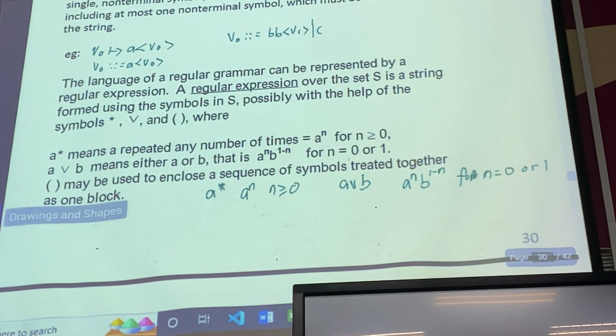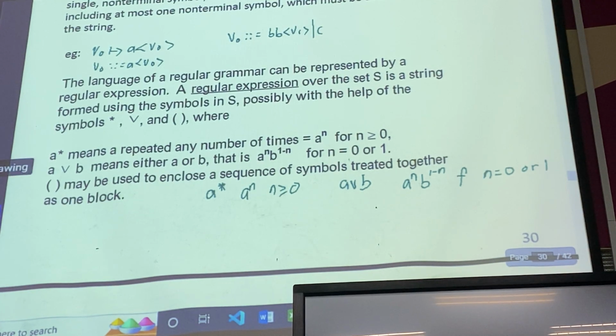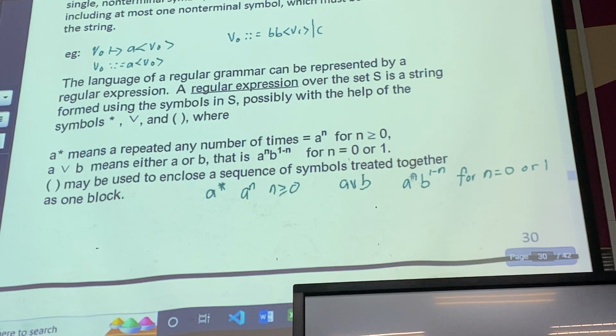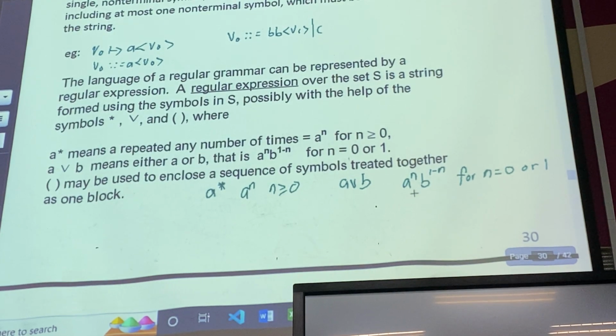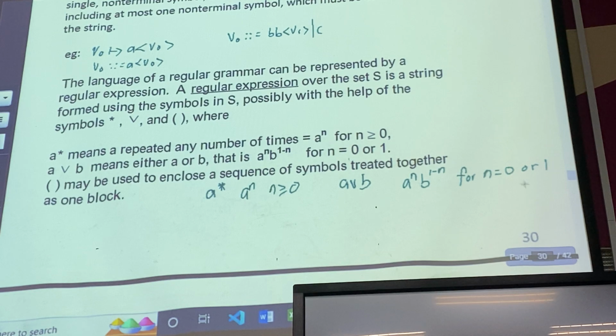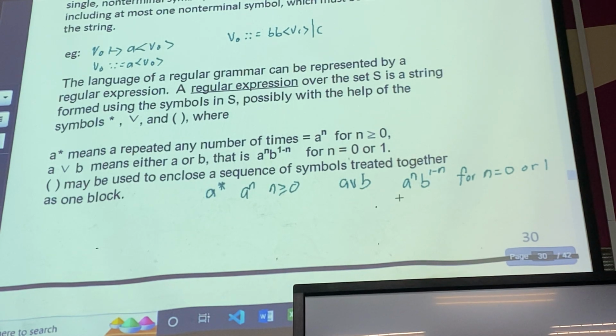Because when you put A power n, B power 1 minus n, the alternative here is if n is 0, then the A is power 0, so no A. Then the B will be 1 minus 0, so you will have 1 B. But if the n is 1, then you will have A, but you don't have B. Okay?